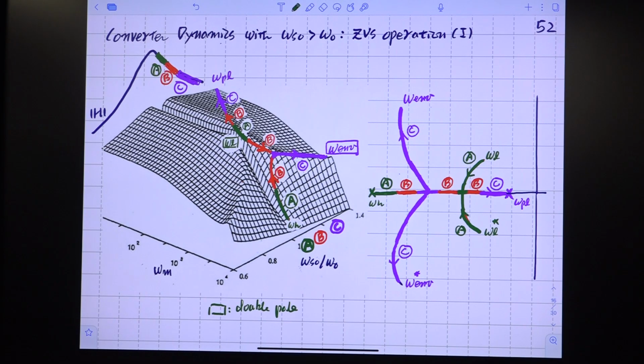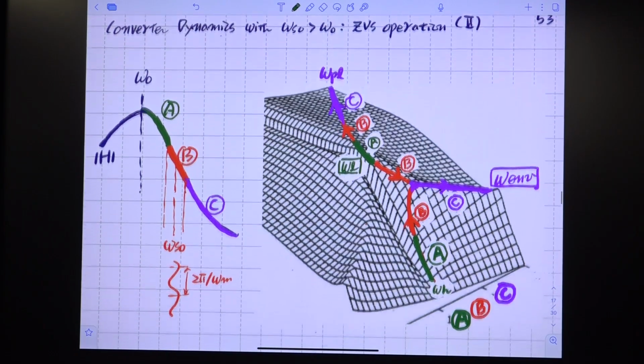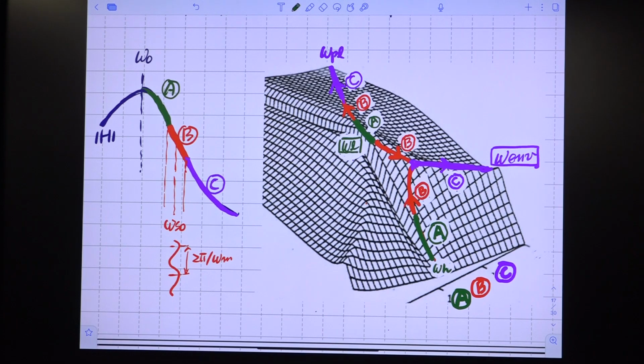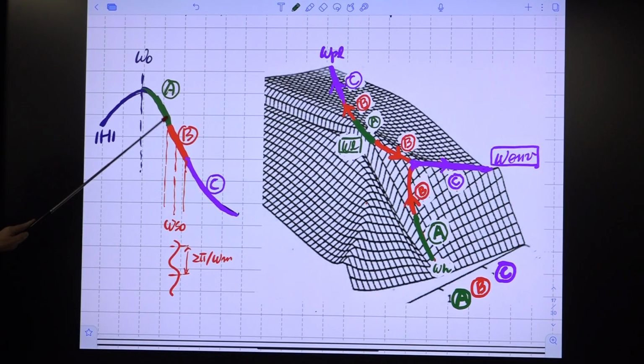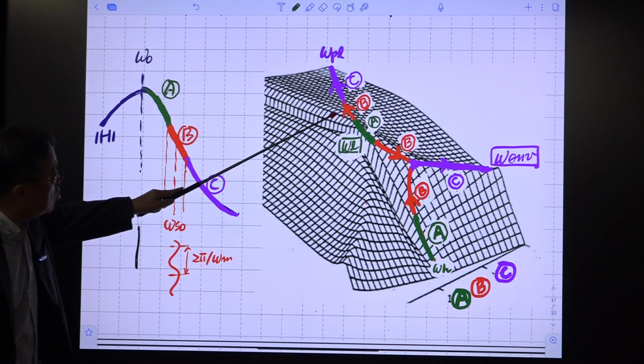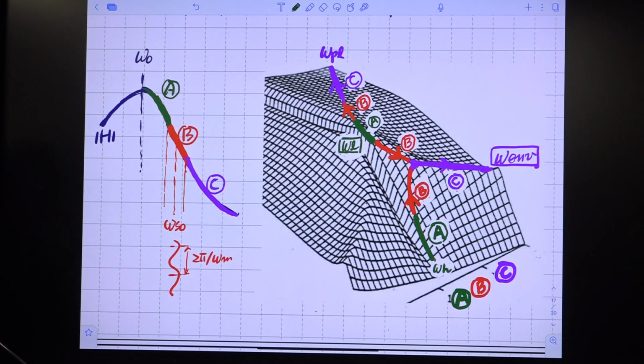Okay, let me just show one more page. You can understand this immediately, right? So this is another view of this. You are here. So your pole is somewhere here, and you move down to here. Then your poles are these three real poles, and you move down further.